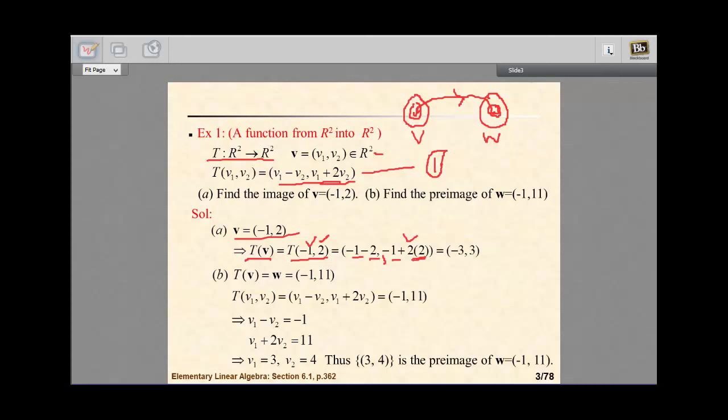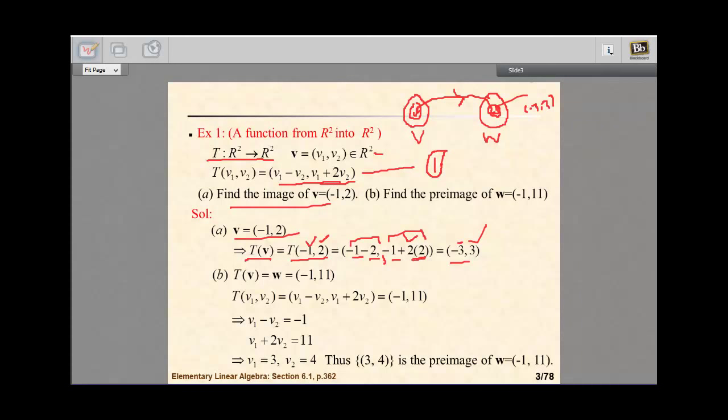So now we compute: minus 1 minus 2 is equal to minus 3, and minus 1 plus 2 times 2 is equal to 4, minus 1 is equal to 3. So this is the image of v. The image of v is equal to (-3, 3).